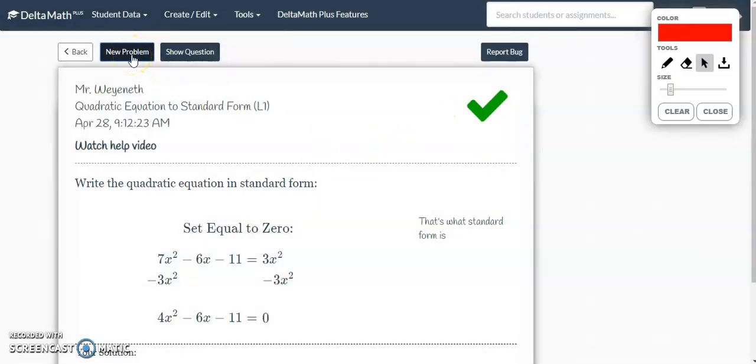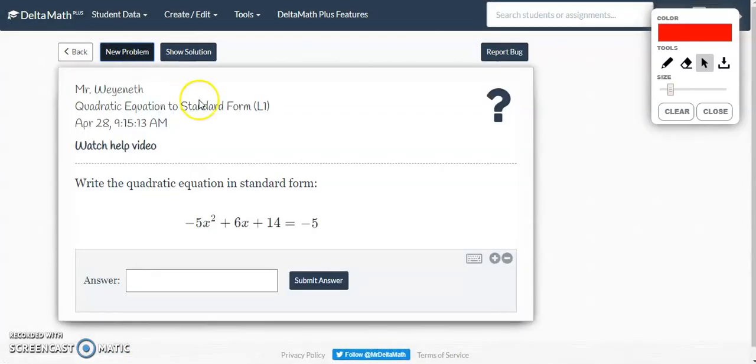Let's take a look at one more quick problem there. All right, write this equation in standard form. So what I want to do in this case is move this -5 to the other side. So in order to move a -5, I'm going to add 5 to both sides. Just make sure when you're moving that term that you're properly combining like terms when you do that.